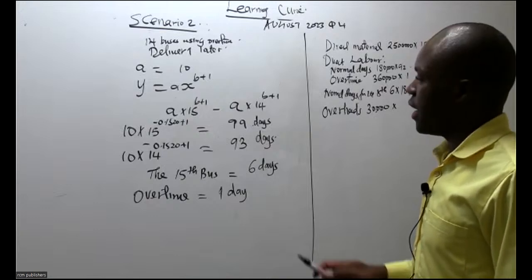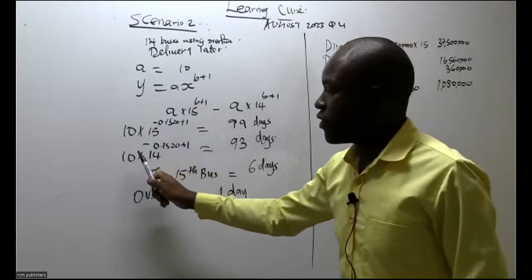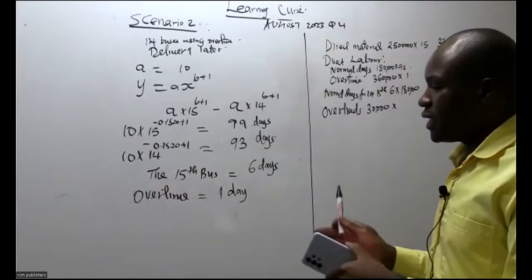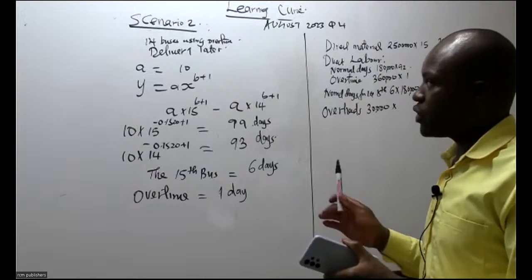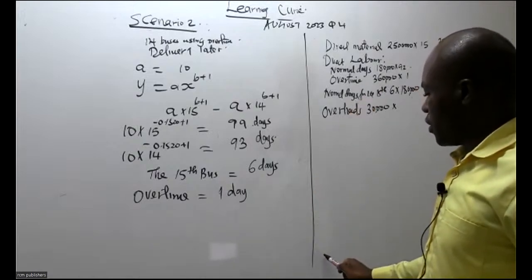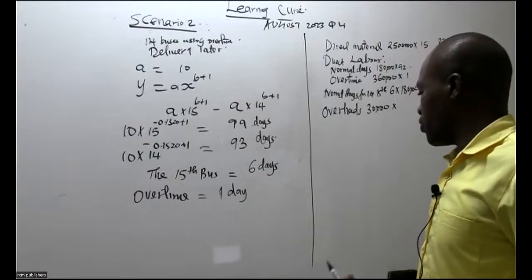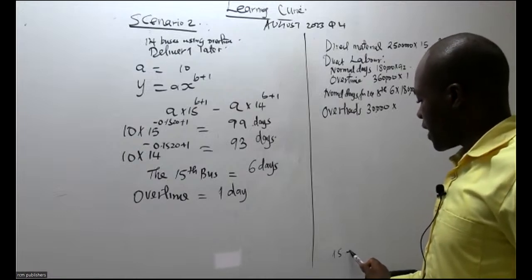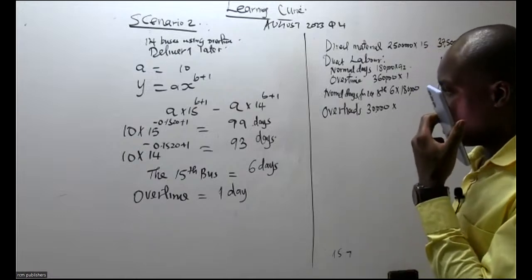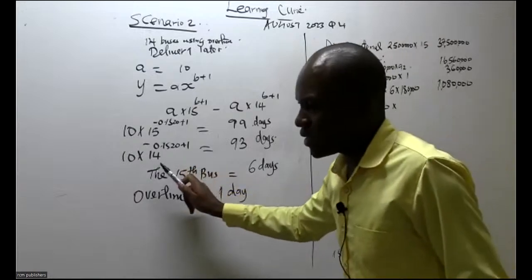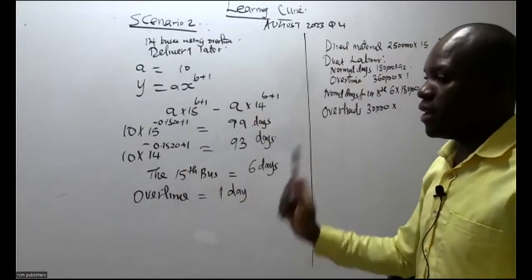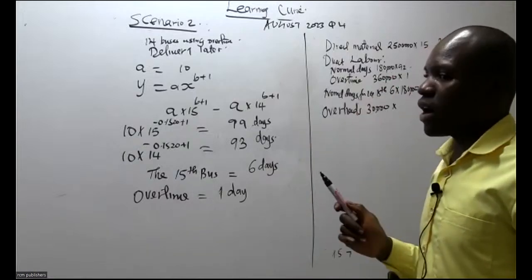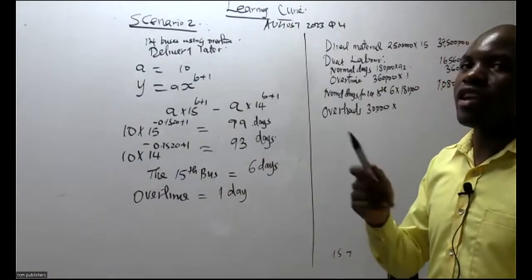Yes, let's see. Now, during the production of the 14 buses, within the time allowed, you are told that if you're given this tender or contract, you need to complete it within 15 days. If you go beyond 15 days, for the extra days, we are going to charge you. But this person has said, the first 14 buses, I will work overtime and deliver them within that particular time. But the extra bus, I cannot work within the deadline. So I will work beyond the deadline.